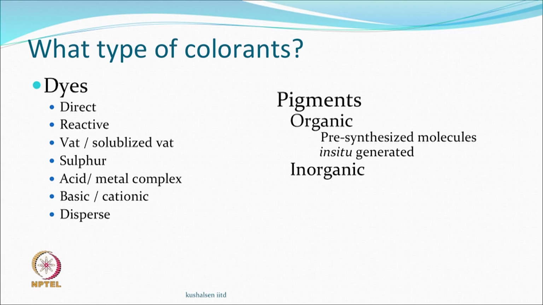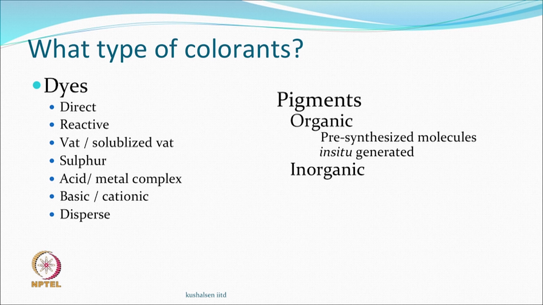Acid, metal complex, basic, that is the cationic dyes, and disperse dyes are the ones which of course are used. And then there are organic pigments, which are like dyes which are insoluble. They can be pre-synthesized molecules as a pigment which will be fixed as a pigment, or they could be generated in situ while you are actually doing this whole process, the pigment gets generated.